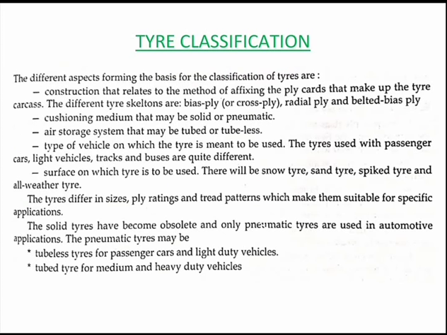Okay, so tire classification according to the basic aspects. We are using tires for different purposes. The different aspects forming the basis of the classification, we can divide into five: the construction, the cushioning medium we are using, the air storage system, the specific purpose or which type of vehicles we are using the tire for, and also the surface on which we are going to apply our tire.